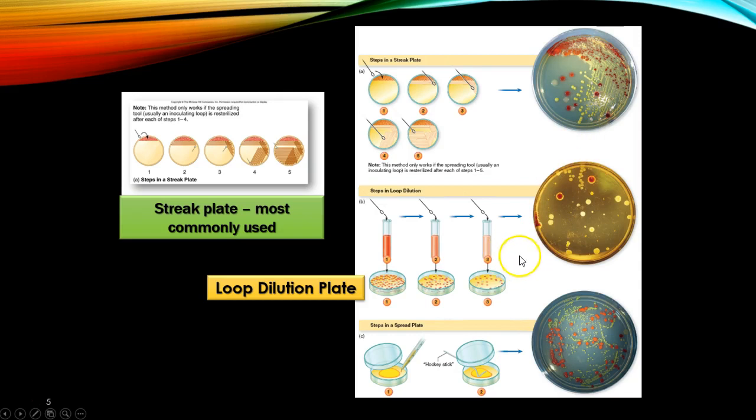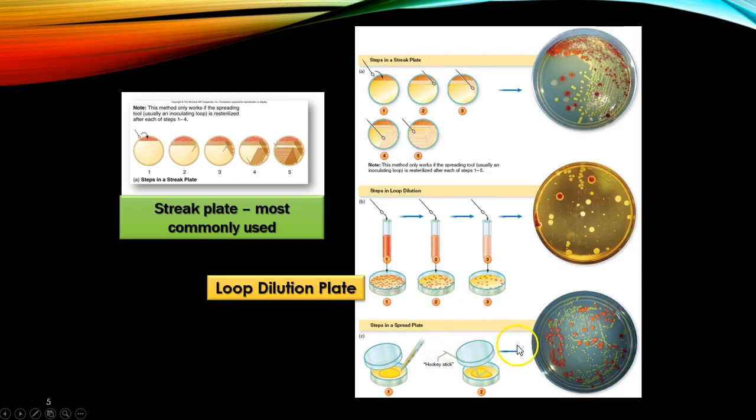If we're working with something that is more concentrated, we'll sometimes use a loop dilution, where we actually end up diluting the sample so that you can get the individual colonies here. The problem with that is you might not see something if you dilute it too much.